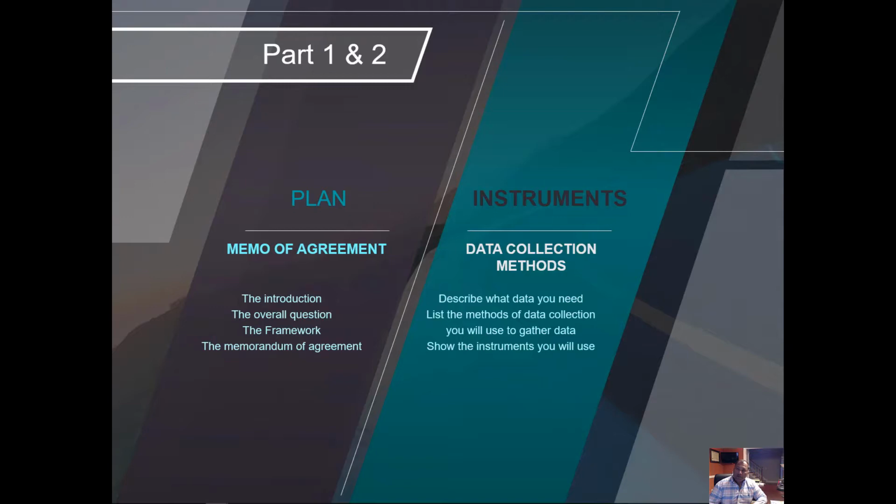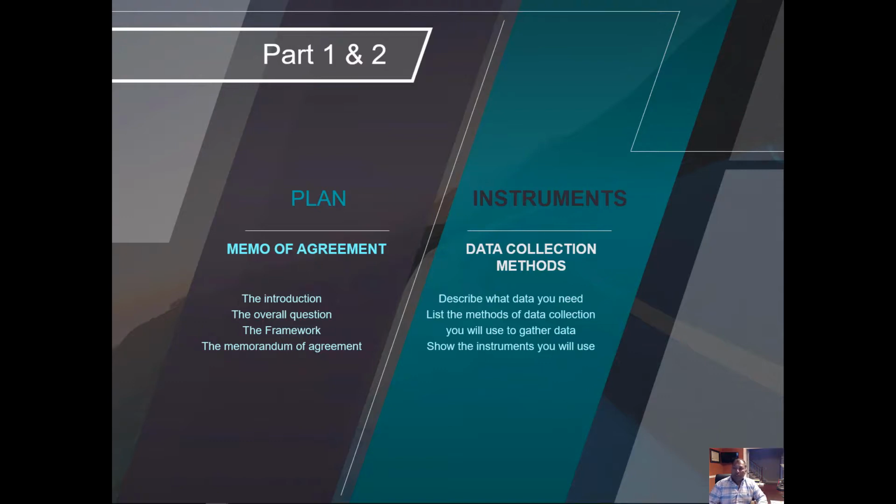So in the case of a survey, of course, you list the instrument itself, whether it's 10 questions, 5 questions, 15 questions, but you were going to have that in an appendix. If you were going to do an interview or a focus group, similarly, in an appendix, you would have the questions that you would ask in the interview or during the focus group. And of course, you would explain the setup of such.